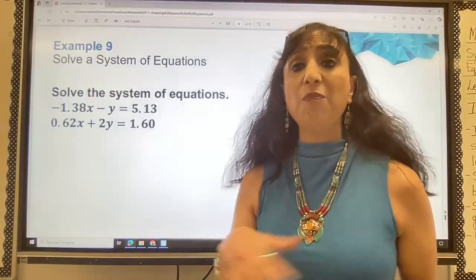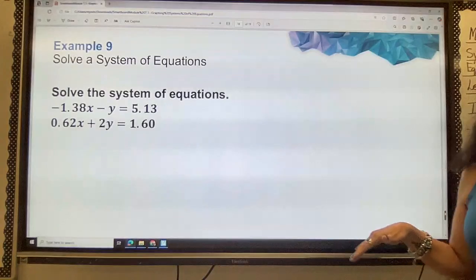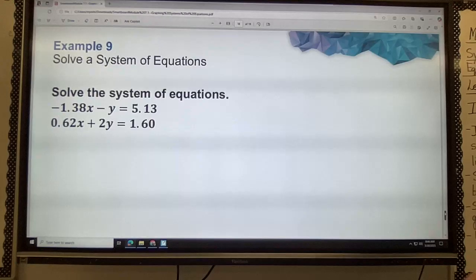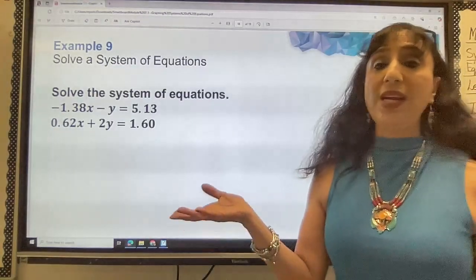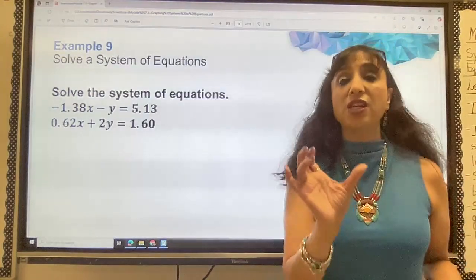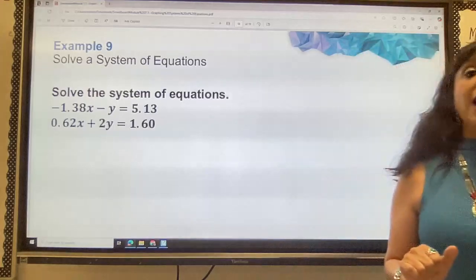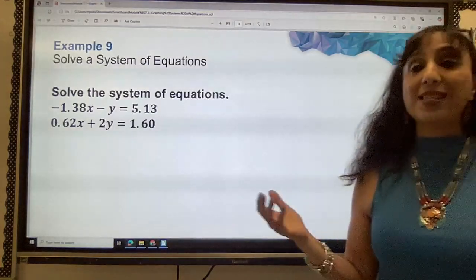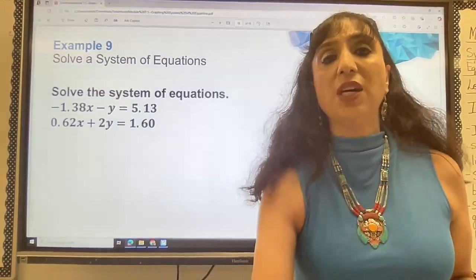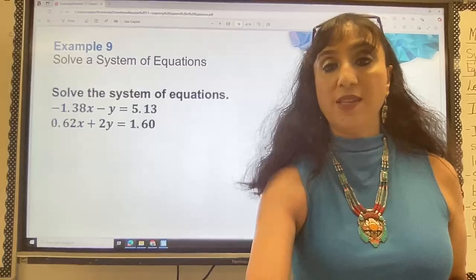So everything we've been doing so far. So we are going to isolate the y in each equation. We are going to graph the system by putting each of the equations into the graphing calculator. And then we are going to find the intersection, and that is going to be the solution to the system of equations.